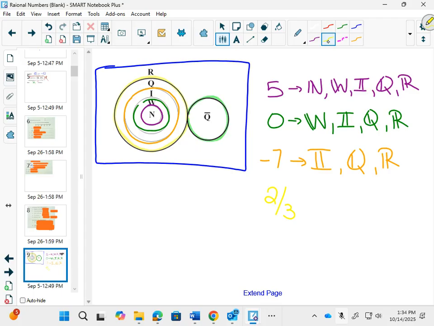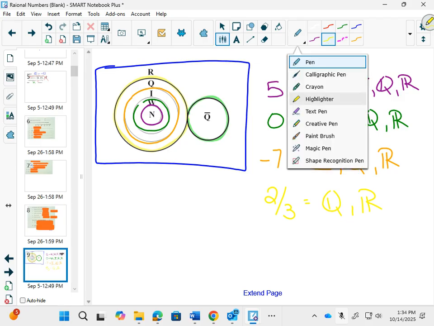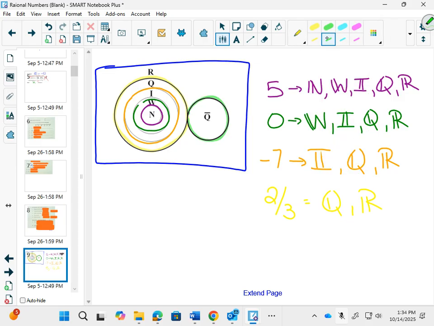Any fraction that isn't a whole number, those ones would just be fractions and real numbers. And then in the fluorescent green one, here we go. If I had the square root of 7, that is an irrational number, which is Q with a bar over top, but it's also, every number is always a real number.